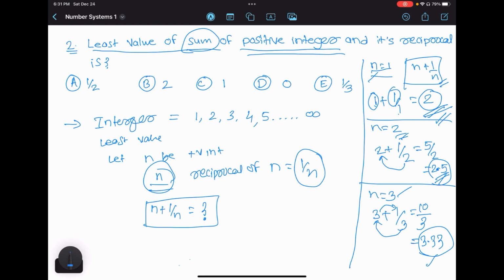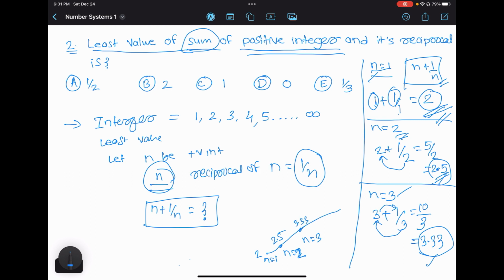So constantly we can say the sum of a positive integer and its reciprocal is increasing in value. When n is equal to 2, it was 2.5, and when n is equal to 3, it was 3.33.